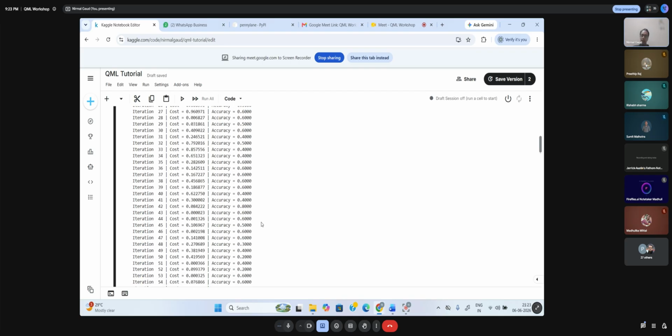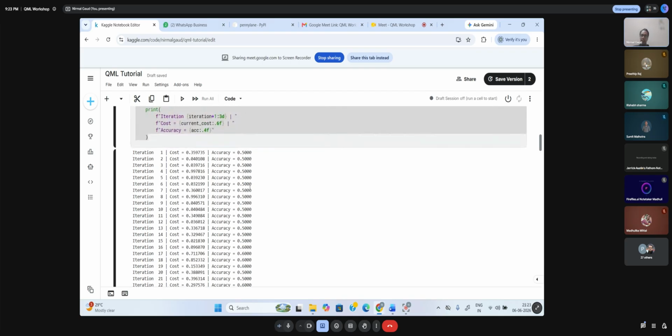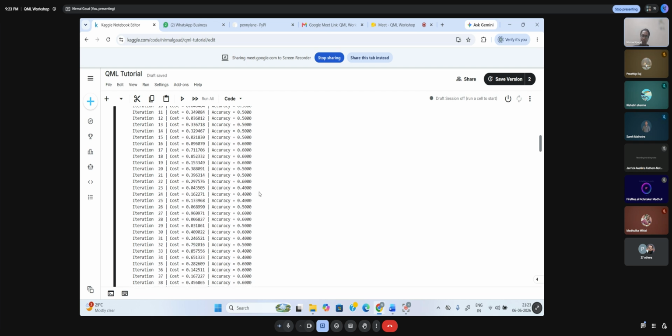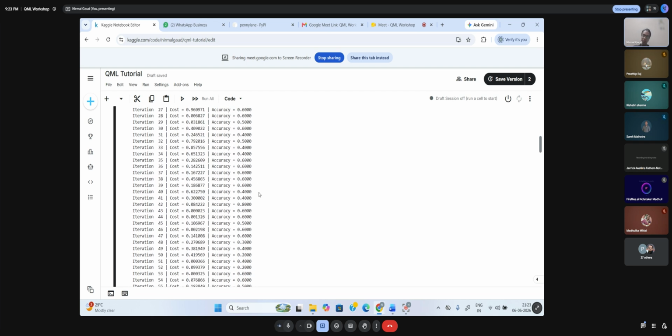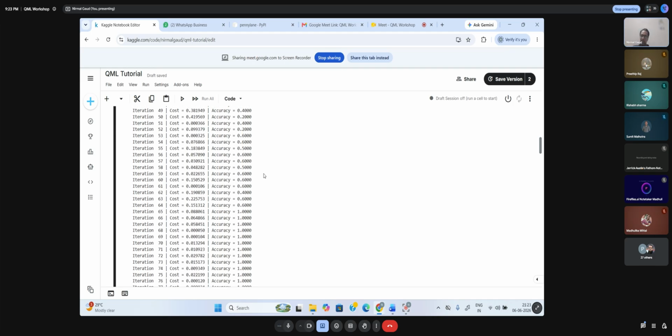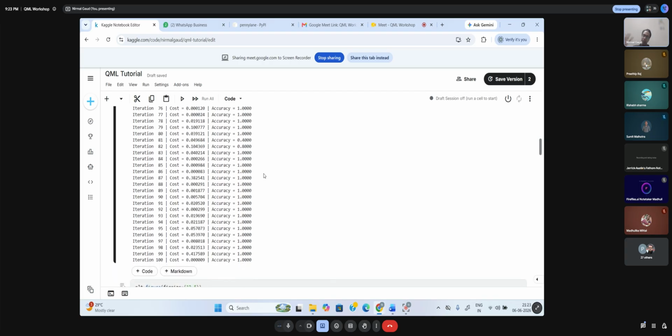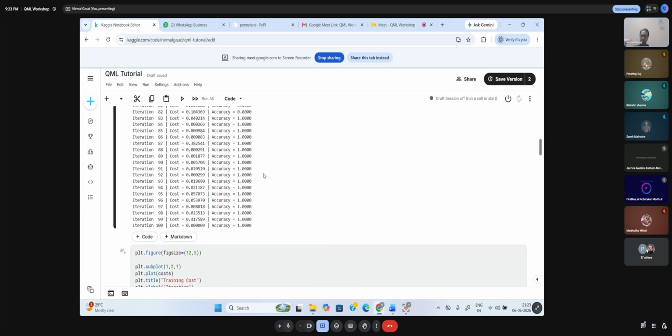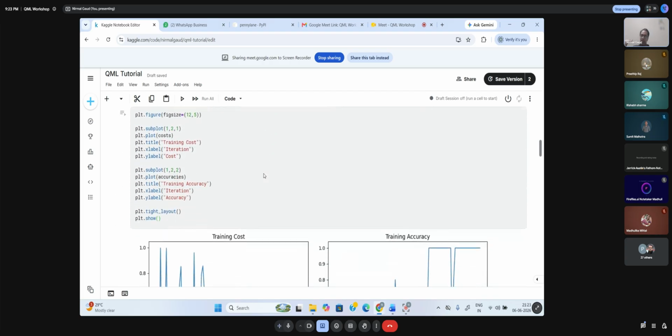See how it goes: 50%, 50%, 50%, then 60%, then 40%, then 50%, then 60%. At one stage, 40%, then 80%. That means the accuracy is jumping. Okay, fine. And then at the end, I am getting 100% accuracy. I made the plots here.